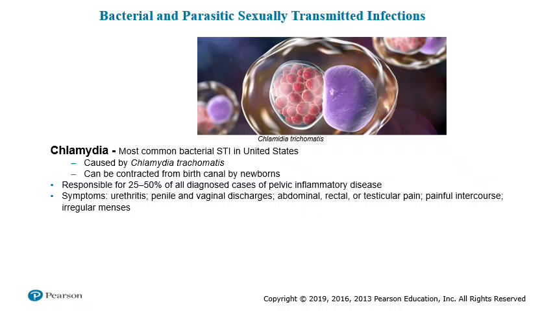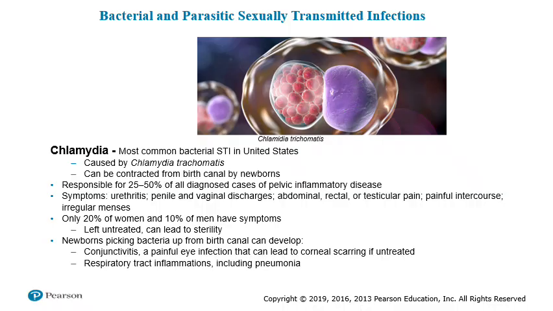Symptoms include pain while urinating, penile and vaginal discharge, abdominal, rectal, or testicular pain, painful intercourse, and irregular menses. Only 20% of women and 10% of men have symptoms. If left untreated, this can lead to sterility. Newborns usually pick up the bacteria from the birth canal and can develop conjunctivitis and respiratory tract infection, including pneumonia. Treatment for this will be antibiotics.